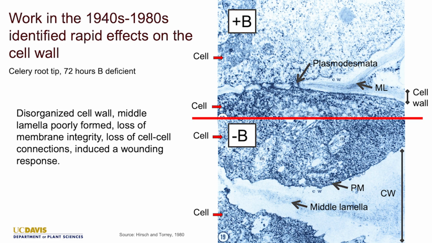If you look at the bottom slide, which is 72 hours without boron, you can see things have started to fall apart. The cells are very non-uniform, the distance between the cells is large, and no longer do you have those plasmodesmata spanning the gap between them, so the cells can't communicate.